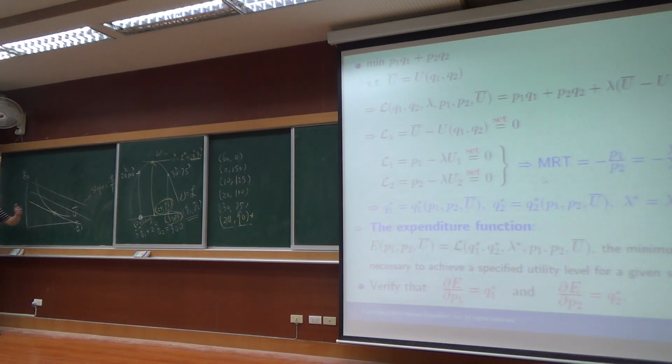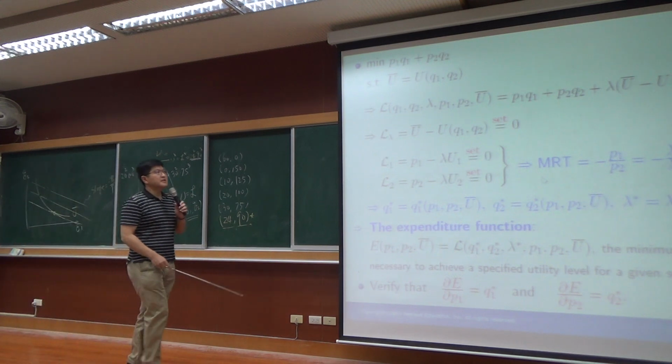And we want to minimize the expenditure. Okay? And this depends on the slope. So if you give me another set of P1, P2, we may have another slope of the budget line. So the solution may change. It depends on the slope. But the basic issue is to minimize the expenditure.